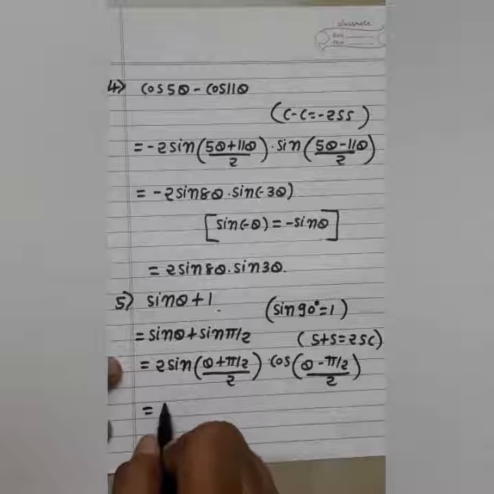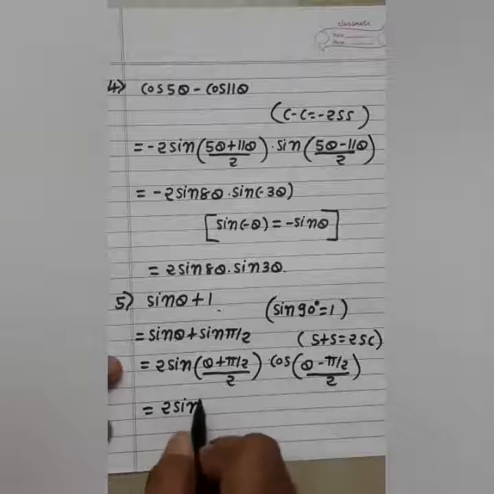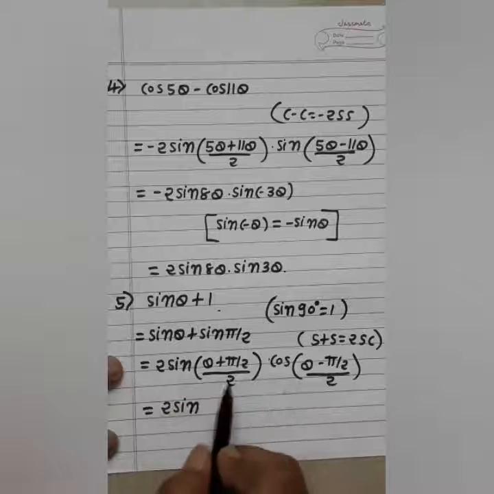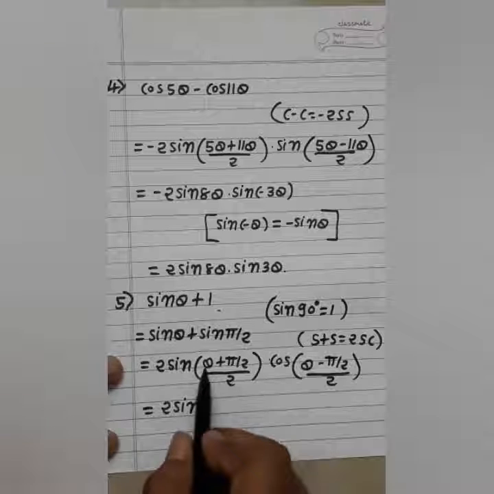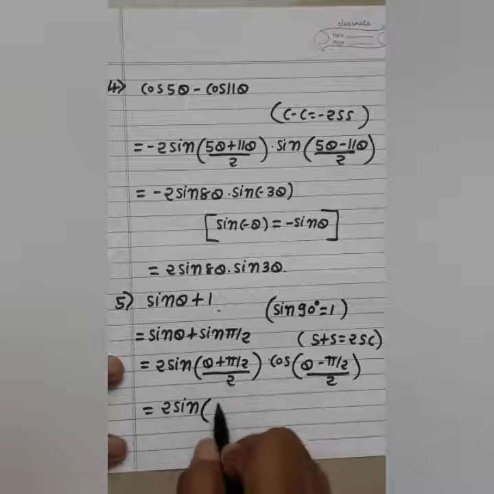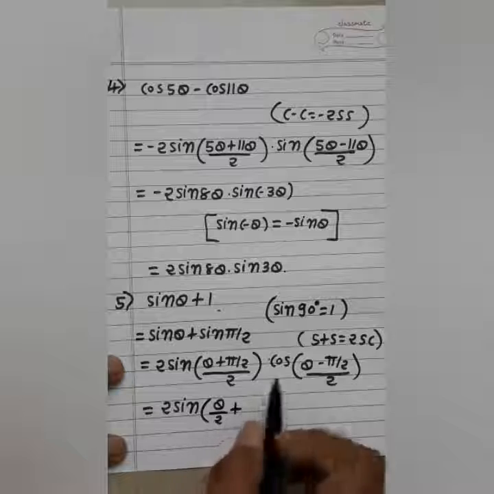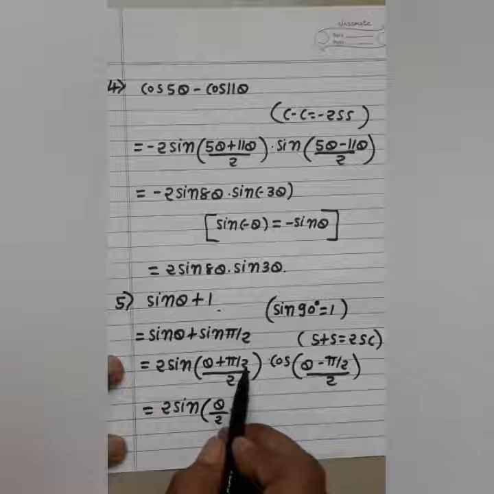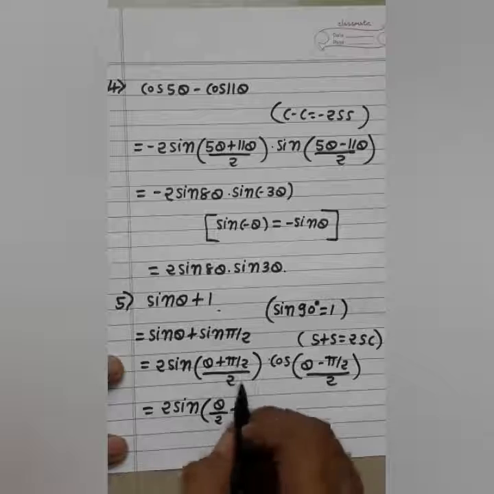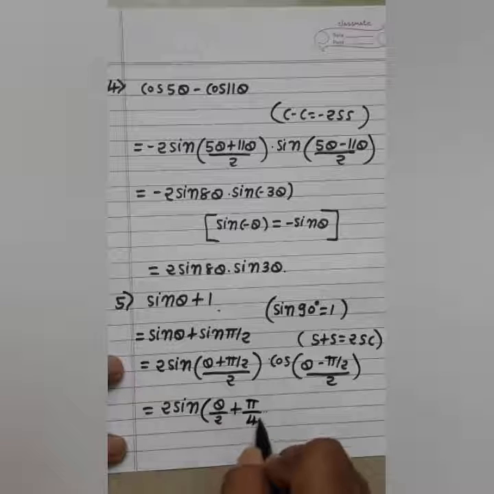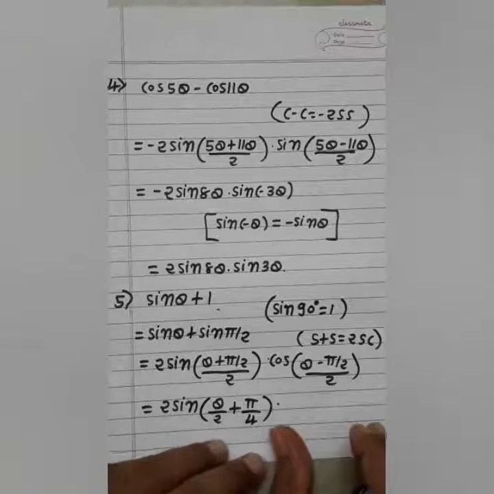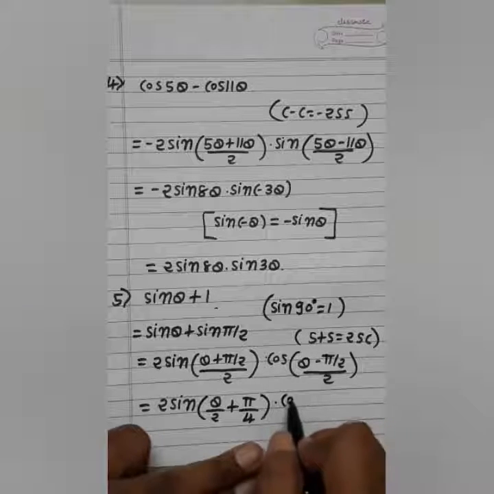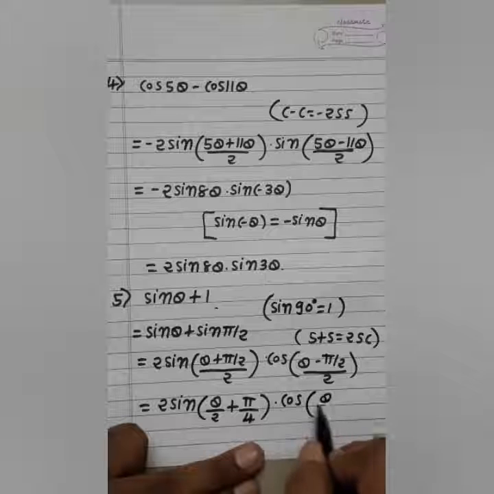Now, 2 times sine into bracket, here division form is present, so divide by this term: in the first term, theta by 2. Already a 2 is in the denominator and the other 2 multiplies, so pi by 4. In the second term, in the same way, cos into bracket theta upon 2 minus pi by 4.